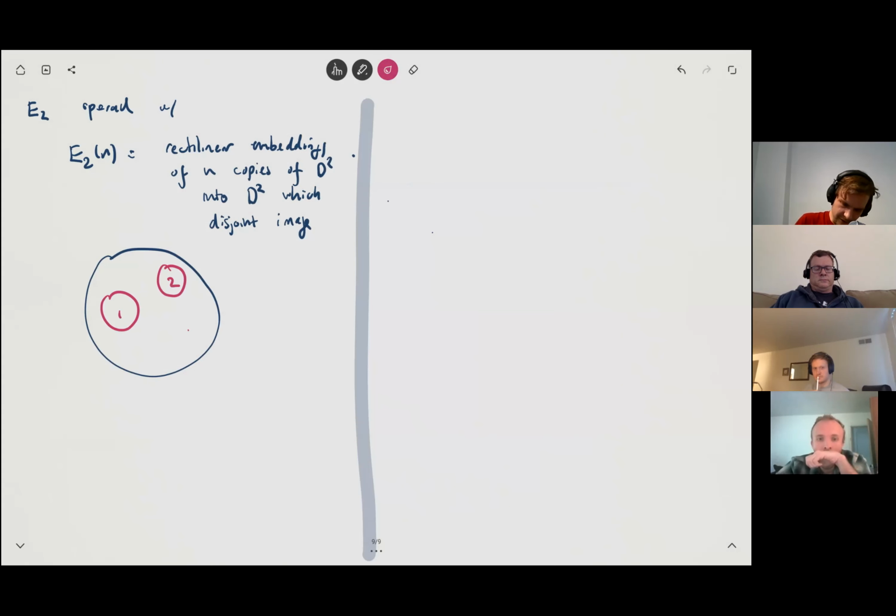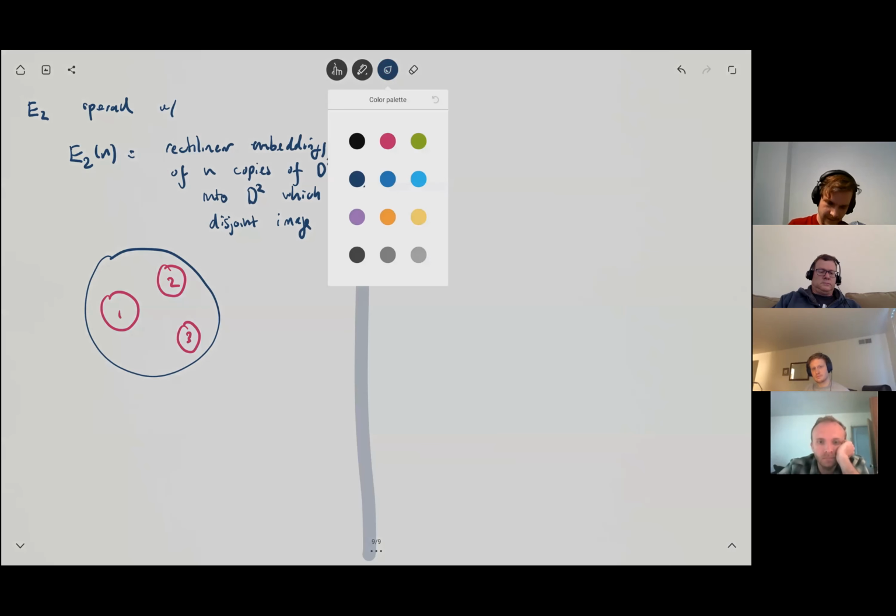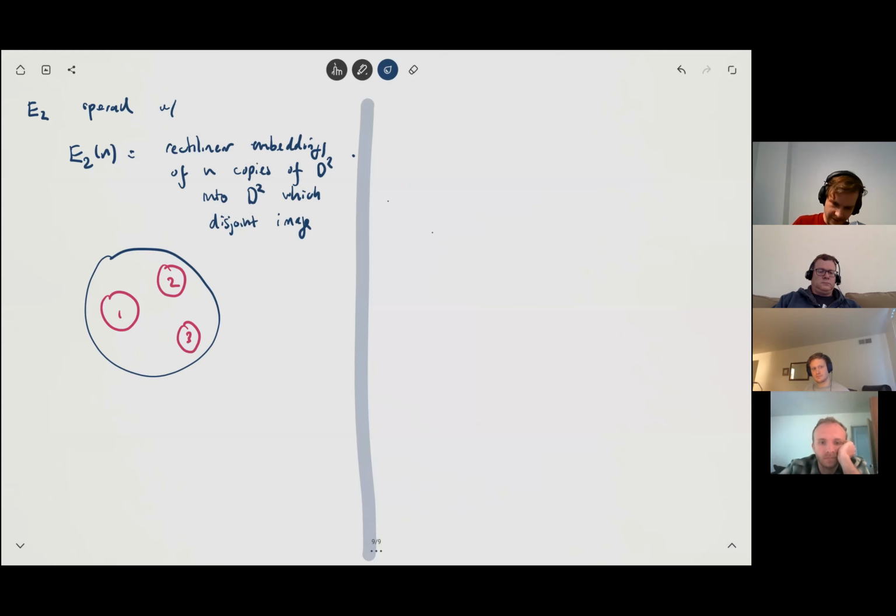it's the collection of some small disks. These disks are only scaled and translated and have to be disjoint. So this would be an element of E2(3).